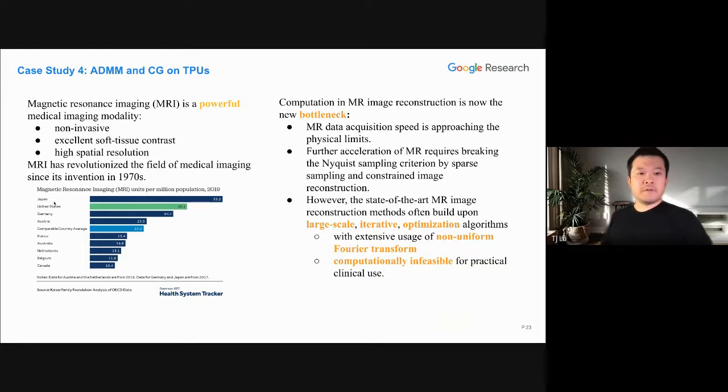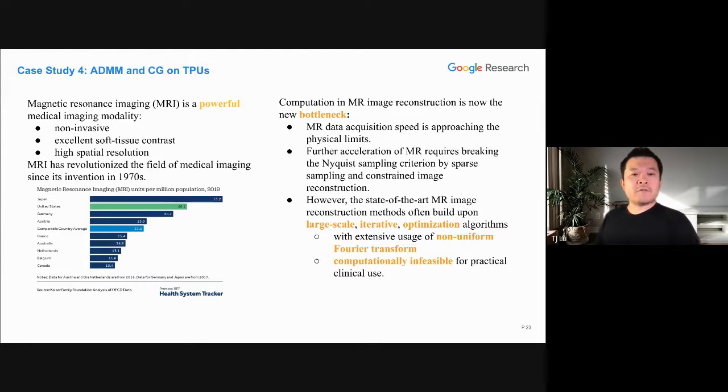For the following reasons, MRI data acquisition speed is approaching the physical limits. Further acceleration of MR requires breaking the Nyquist sampling criteria by sparse sampling and constrained image reconstruction.